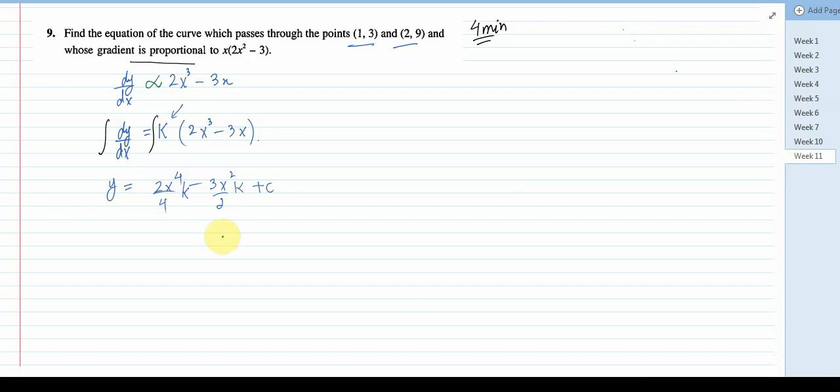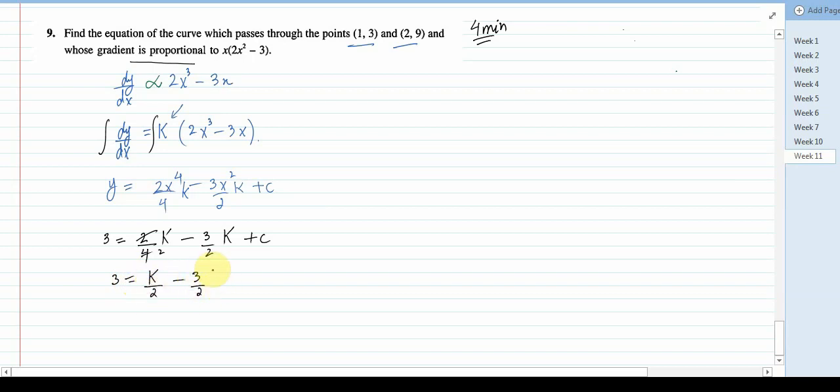Alright class. Firstly I will pick the point (1, 3). Instead of y I will place 3, equals 2, x is 1, so it will be 2 divided by 4 k minus 3 divided by 2 k plus c. If I simplify it further, 2 ones are 2, 2 fours are 8, so it's 3 equals k over 2 minus 3 over 2 k plus c, and I can take the LCM here, which is 2.